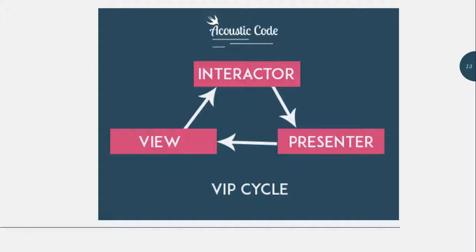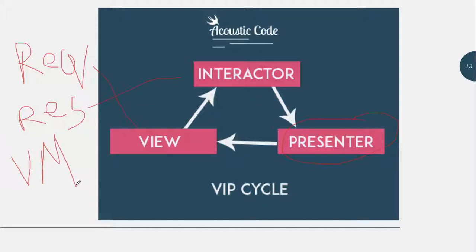So we are done with the request. We got the request from the view, and we already got the response from the worker. But what about the presenter? Just as I said, there's something called a view model. The view model will basically consist of those items which need to be exposed to the view controller, because again we see the flow.